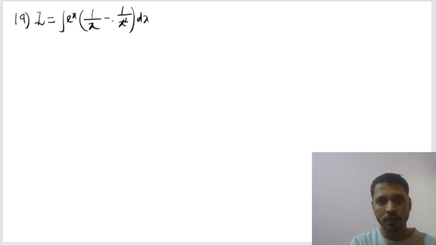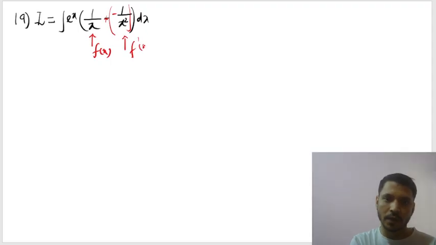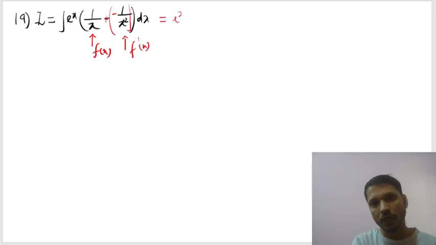We just need to make it plus, and give this minus to this. If this is our f of x, then f dash of x is the second part. So our answer will directly be e to the power x into 1 by x plus c. So this is the answer.